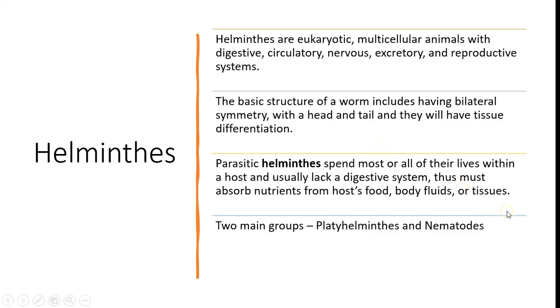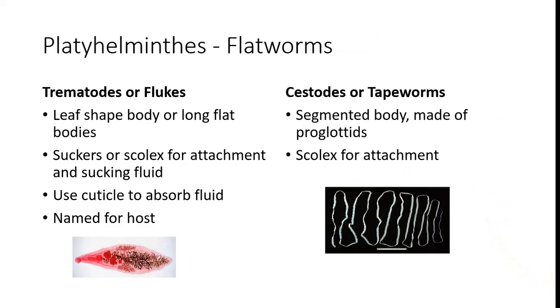Now, there are going to be two main groups, and just like with the algae and the protozoa, this is an introductory chapter, and we're just looking at knowing some of their very basics. So what are the groups and what makes them fall within those two groups? So we have the Platyhelminthes and the nematodes. The Platyhelminthes are the flatworms, and everybody's like, I can't keep this apart.